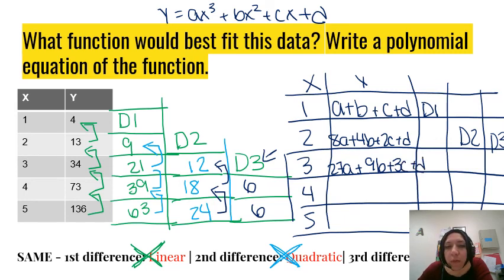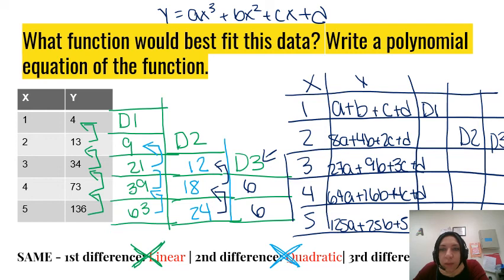When I plug in 4 inside this equation, I get 64a plus 16b plus 4c plus d. When I plug in 5 in for x inside the same equation, I get 125a plus 25b plus 5c plus d.